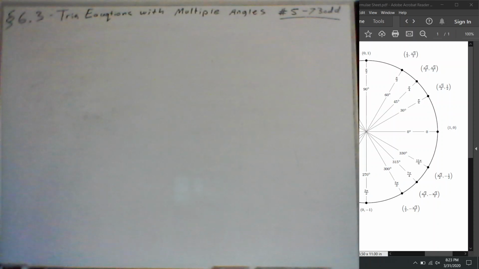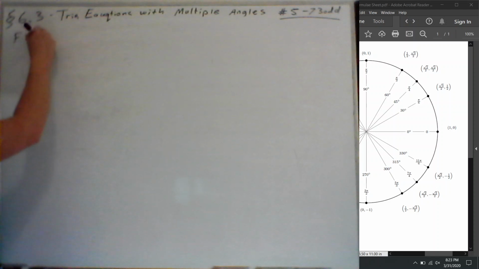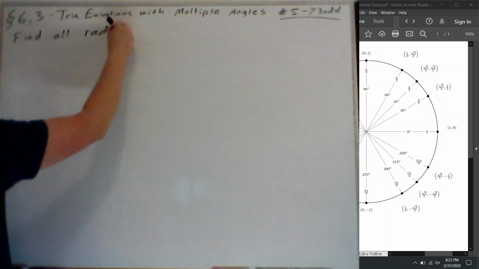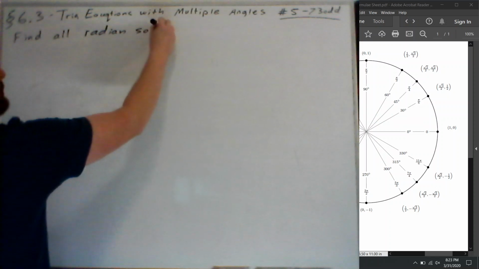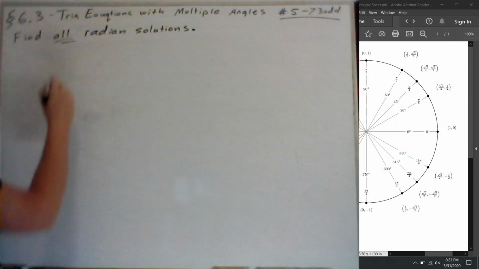Okay, so let's switch it up to radian. We did a few in degrees, but let's switch it up to radian. Let's say we want to find all radian solutions. And again, it's saying all of them.